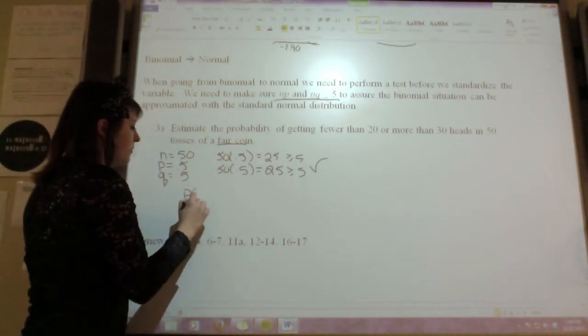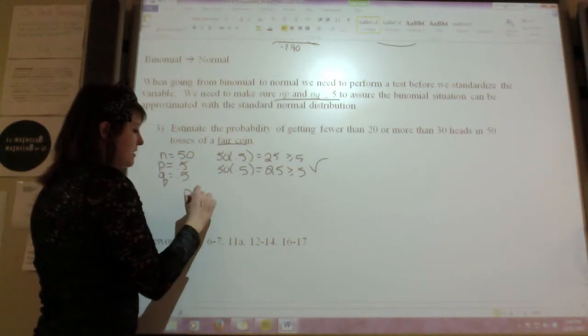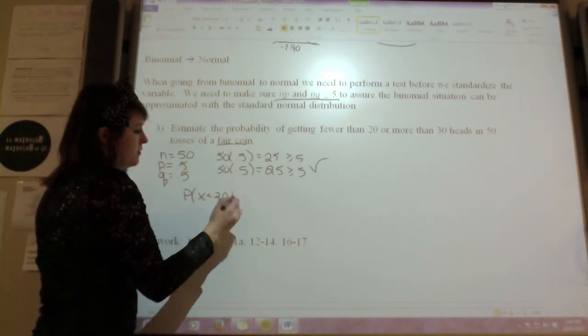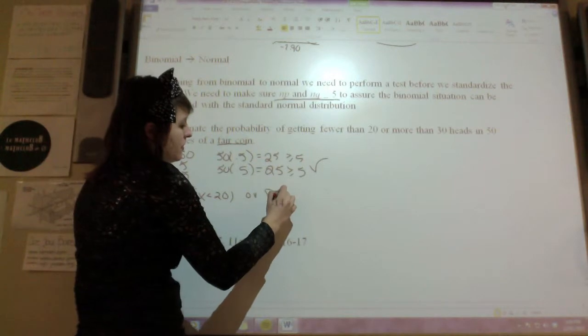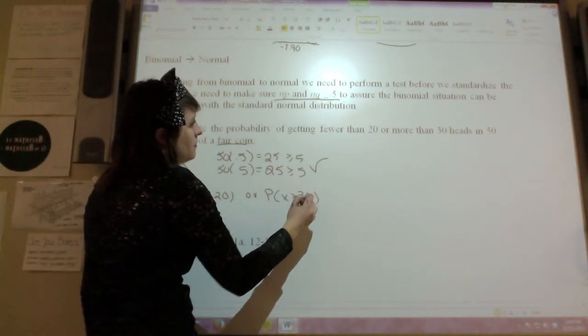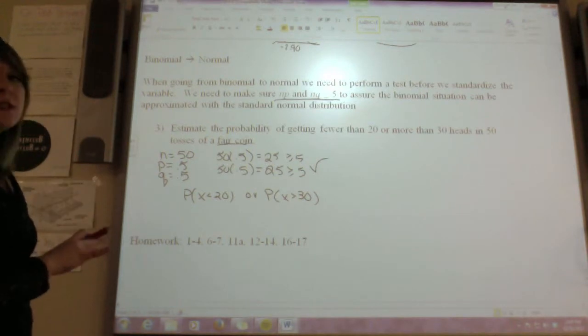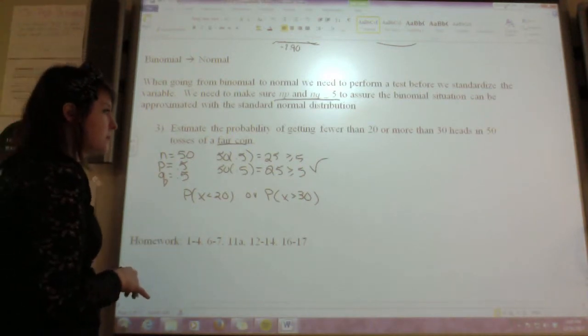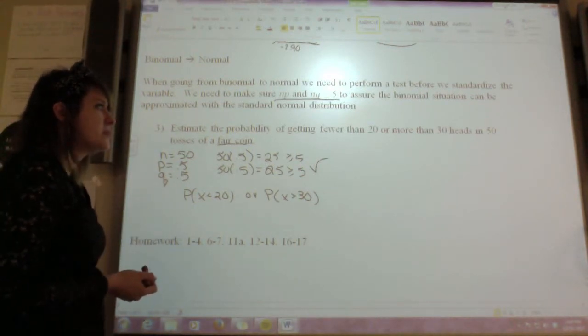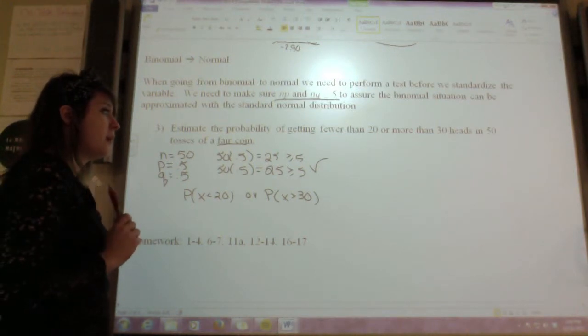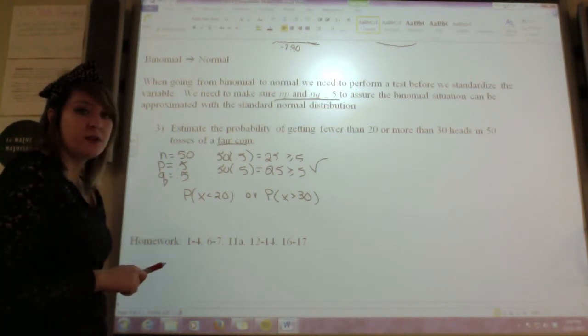So I'm looking for the probability that I have less than 20 or greater than 30 heads. Each of these I need to standardize using z-scores, so I need to find the mean and the standard deviation.